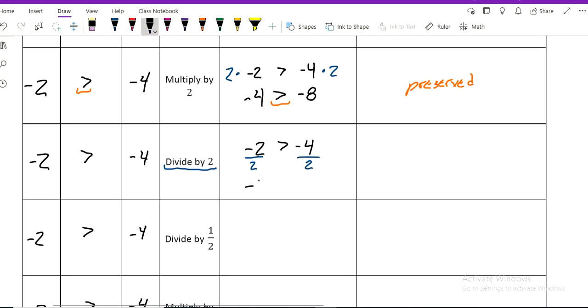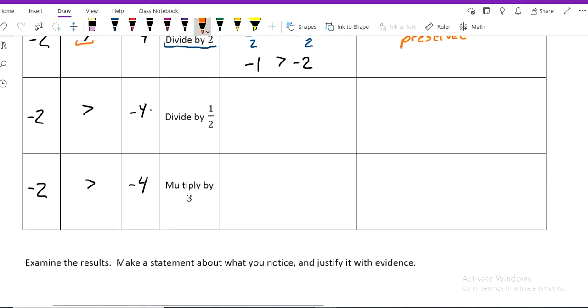We will get -1 on this side, and we will get -2 on this side. I kind of got ahead there, but I put this symbol because it's still going to stay the same. -1 is still greater than -2. So again, it preserved it.